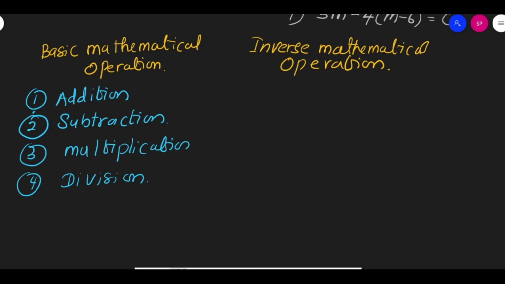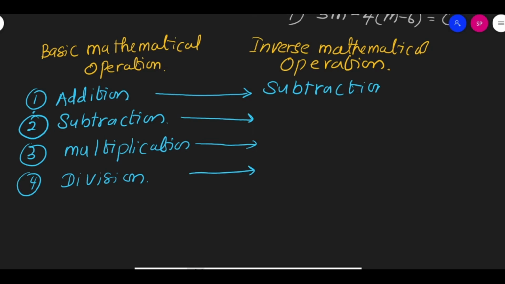Now we are going to talk about the inverse. If you do something, what is the inverse? As an example, if you breathe in, breathe out is the inverse. So easily you can do this one. Addition, inverse of addition is subtraction. Subtraction, what is the inverse?